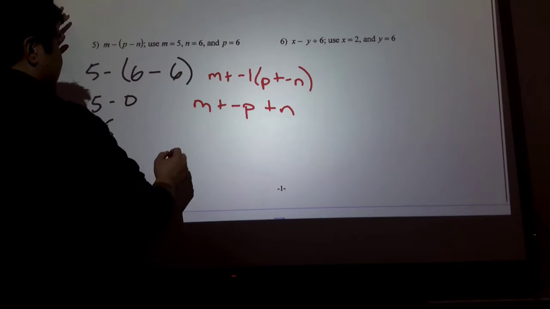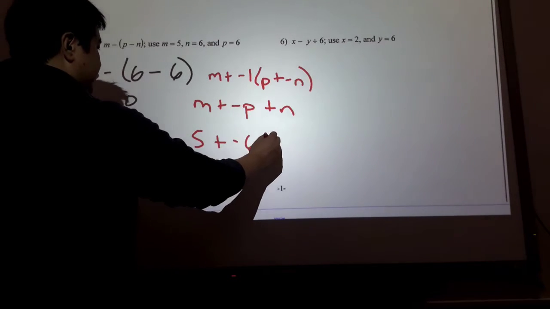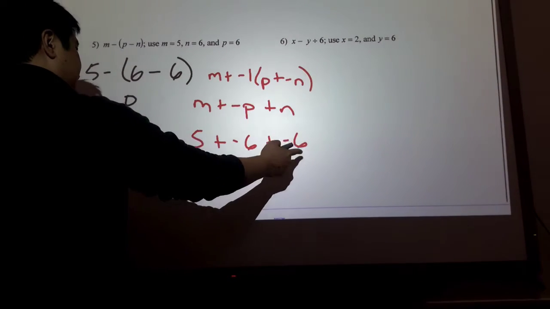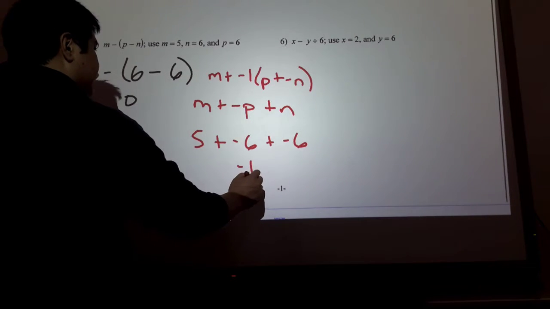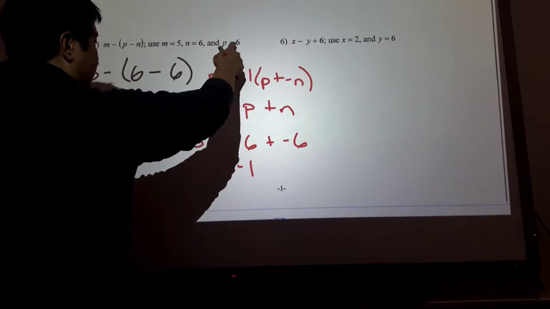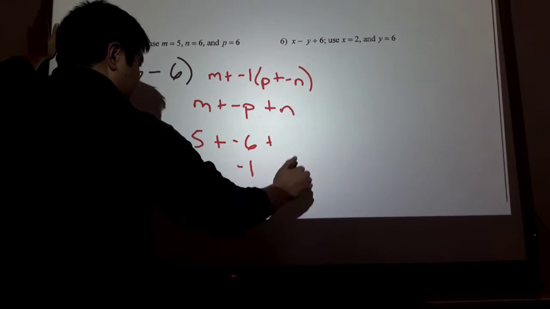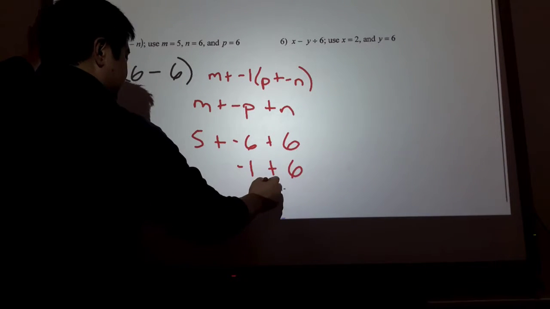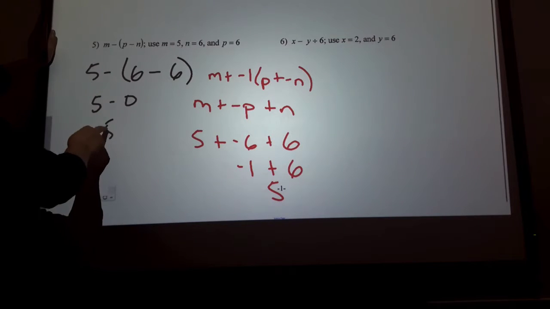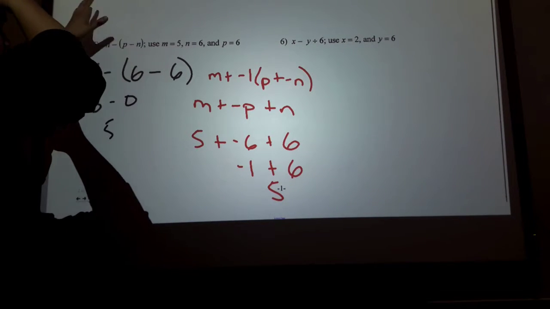So again, m is 5, plus negative p is negative 6, plus n is negative 6. 5 plus negative 6 is negative 1, or excuse me, this is going to be 6, excuse me. 1 plus 6... I mean 5 plus 6 minus 6 is the 5 that we get back here. These are fairly simpler ones.